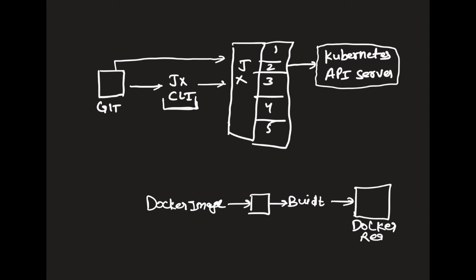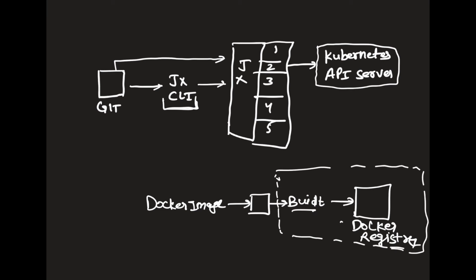So building and pushing to the Docker registry is also taken care of by JX, the Jenkins X client. This part is also taken care of by JX.